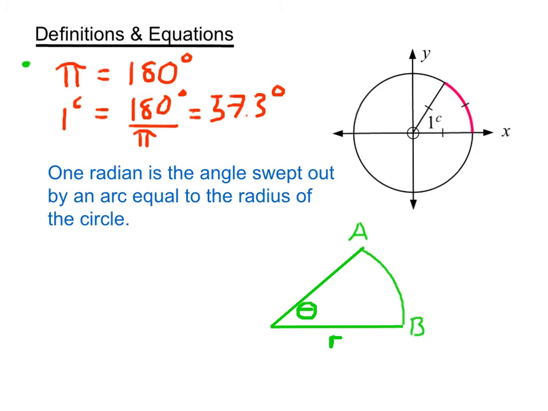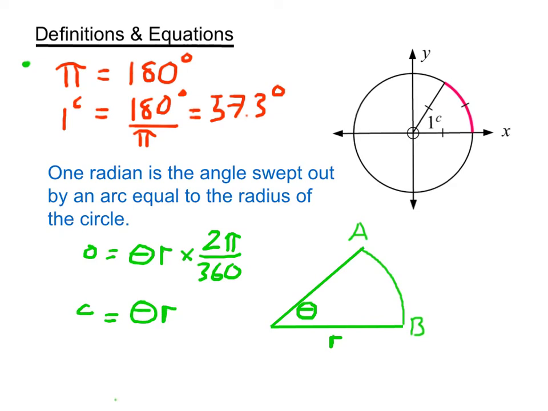If we were to measure the arc length using degrees, we would get theta times r, but then we would have to convert that using 2 pi divided by 360. If we use radians, the arc length simply becomes theta times r.